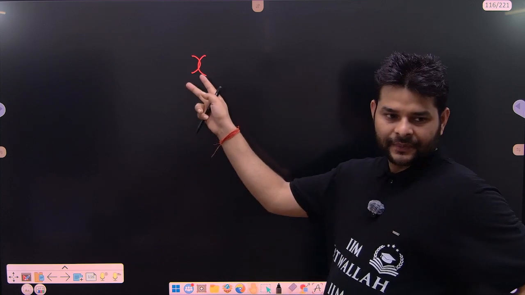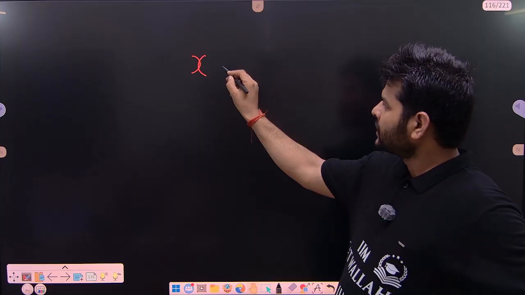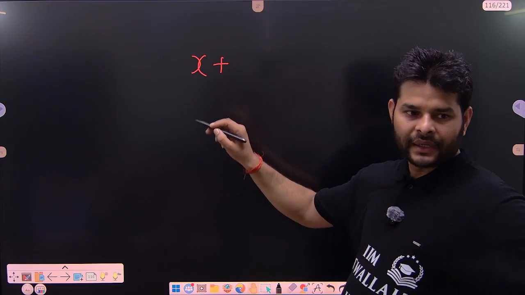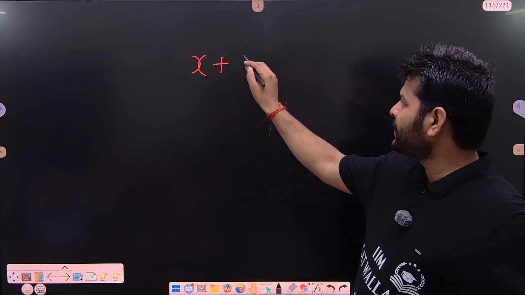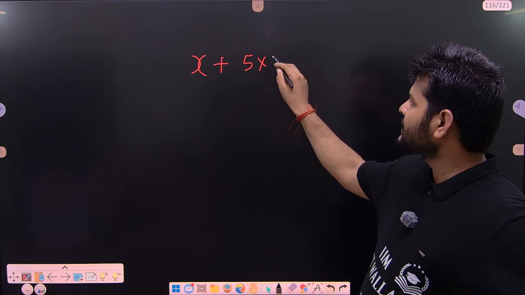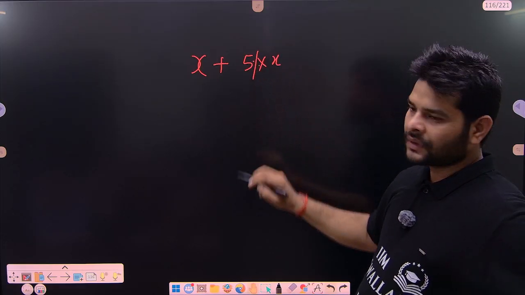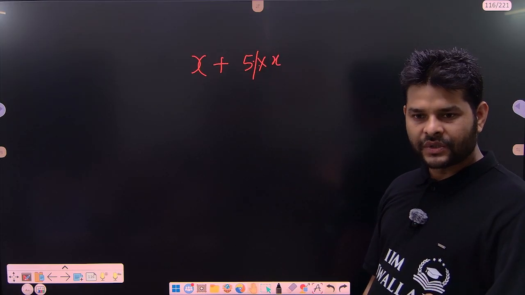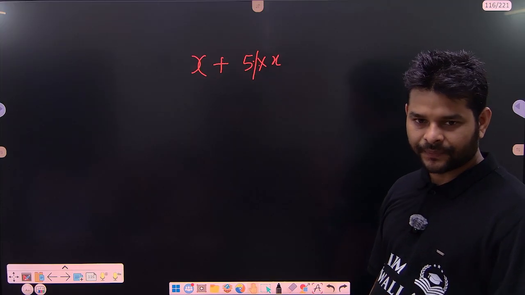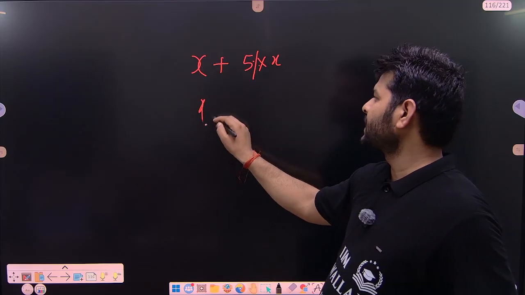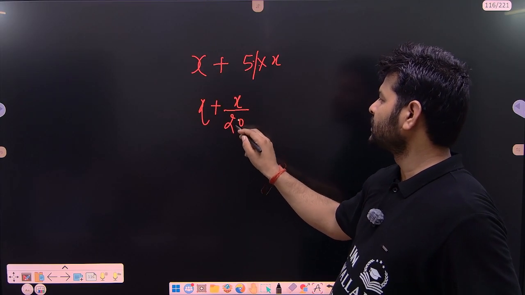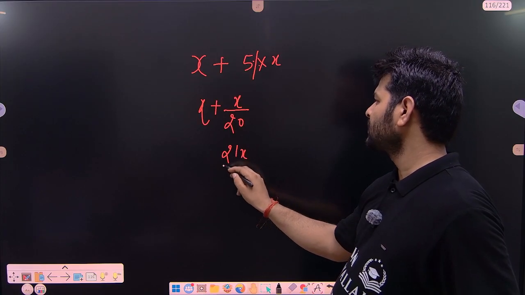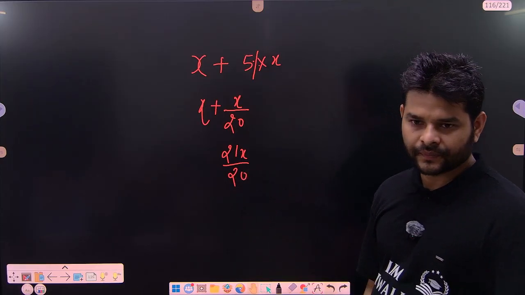So this is the principal, and on this principal, I need to add 5% of this principal. So 5% of X. This is the amount just after 1 year. If you solve, guys, you will get X plus X upon 20. So that would be 21x upon 20.